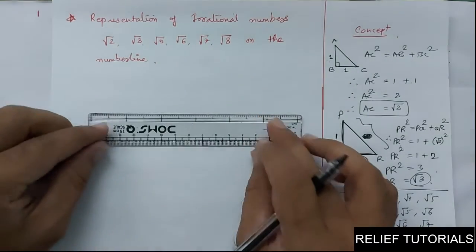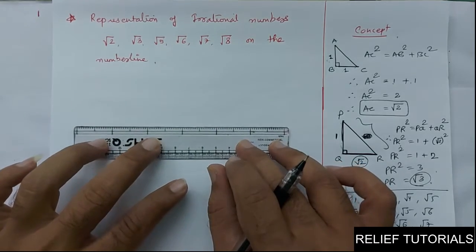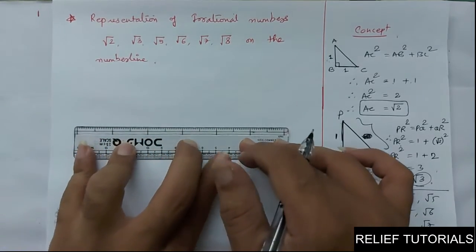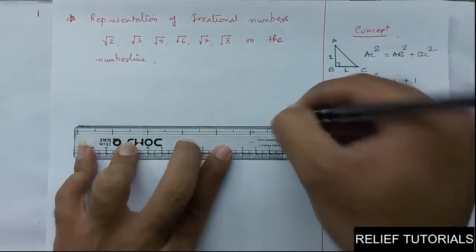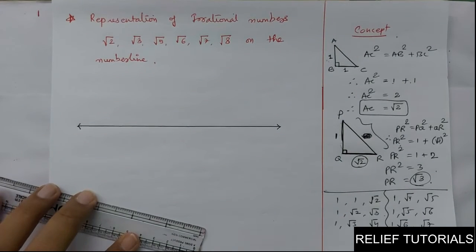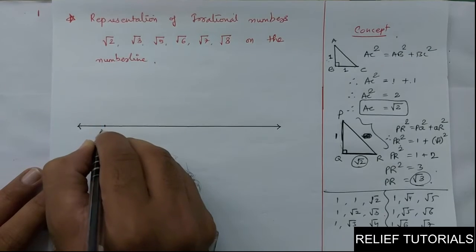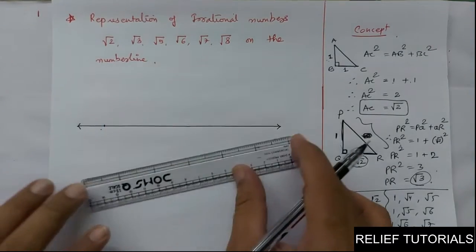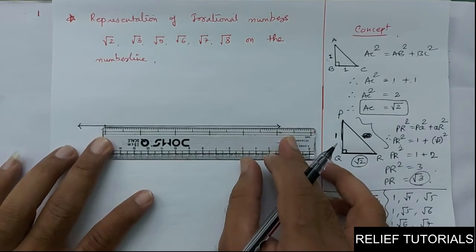To represent them on the number line, first you draw the number line. Look here. Consider here is 0. Then you take the measurement in terms of inches, not in centimeters.